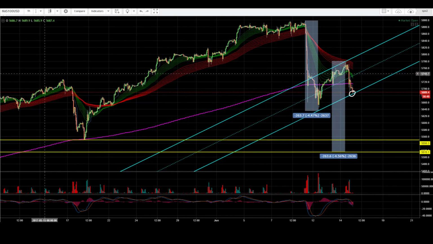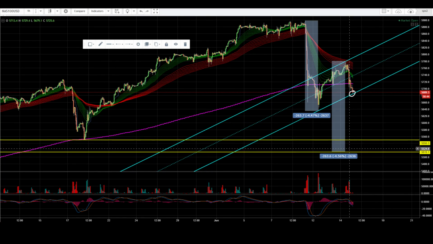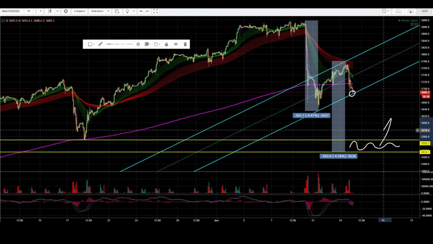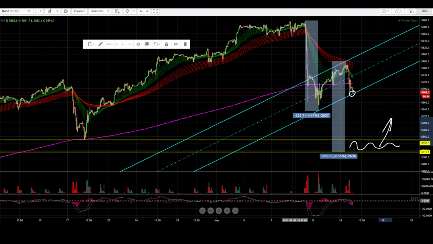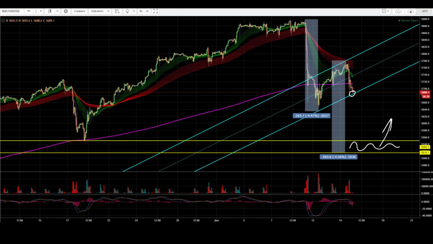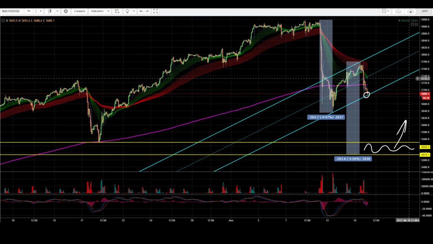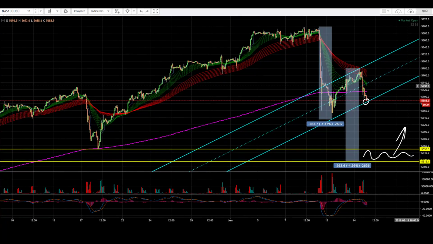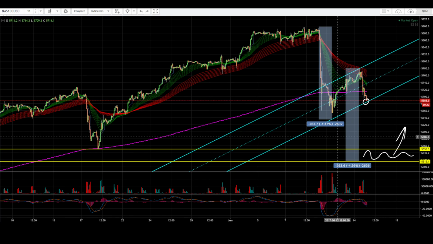If you guys want to long Nasdaq, if you think Nasdaq is going higher, right here in this channel is the long. But notice how the MACD are just falling on the 1-hour here.